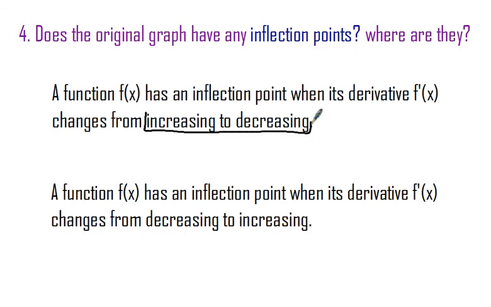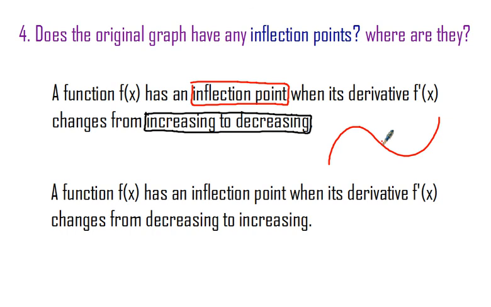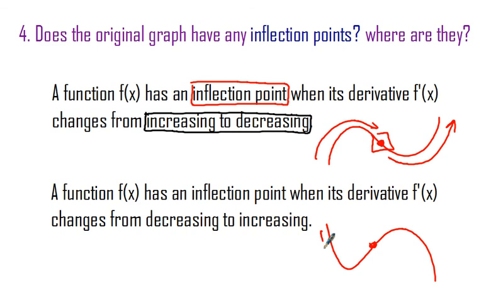So the important information is that an inflection point, which is like one of these, where the graph changes from bending down to bending up, or vice versa, like so. Maybe you're bending up for a while and then you bend down. Those inflection points occur when the derivative changes from increasing to decreasing.